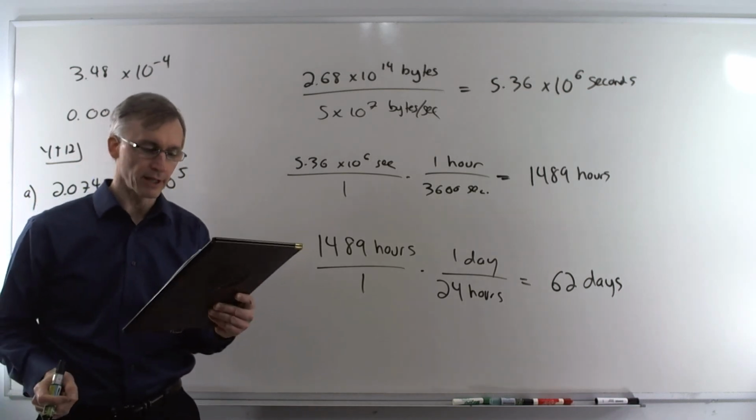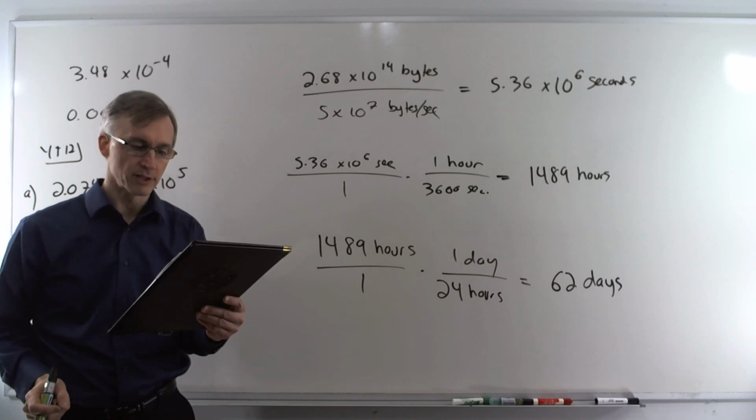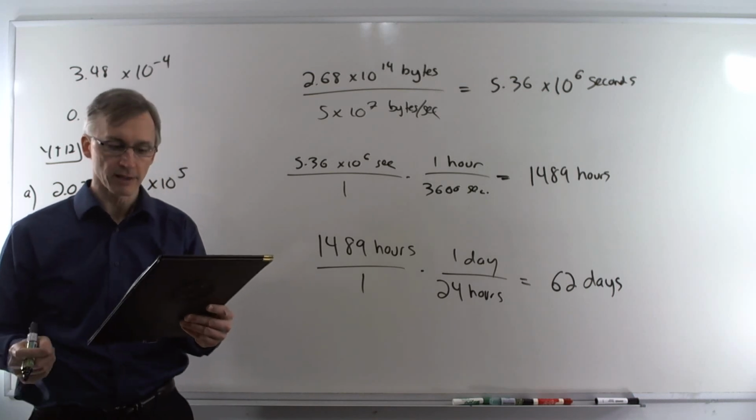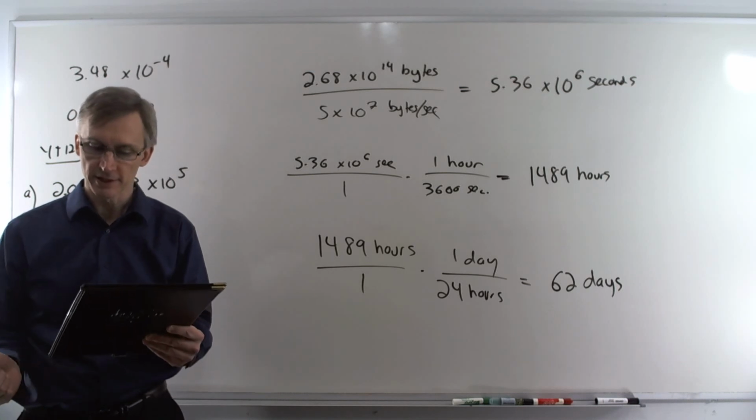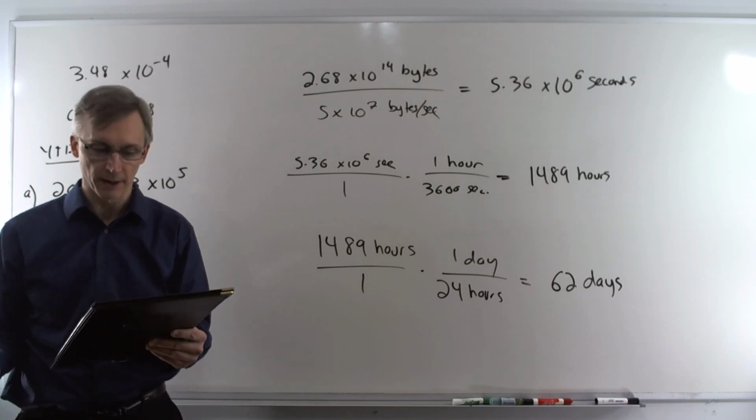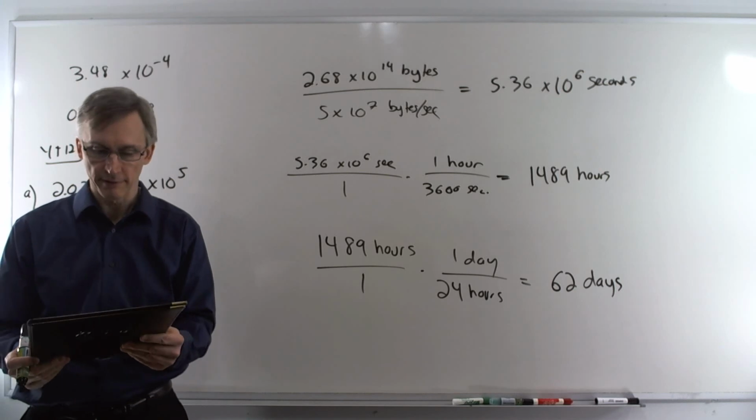Apollo 11 traveled at about 1.656 times 10 to the 4th miles per hour while in orbit. The distance to the sun is 9.3 times 10 to the 7th miles. How long would it take Apollo 11 to reach the sun?